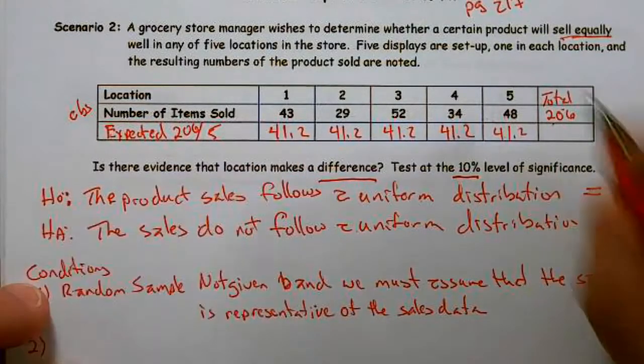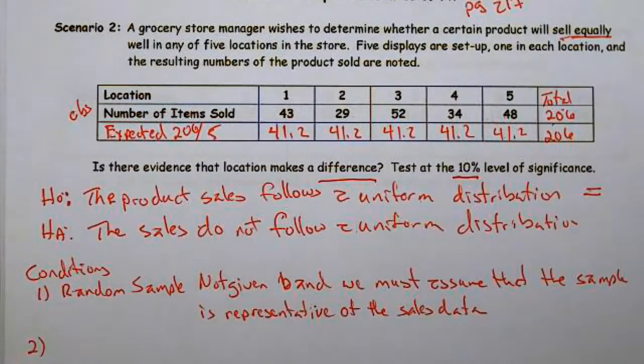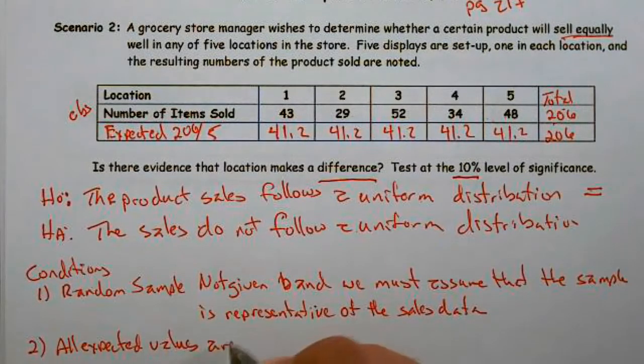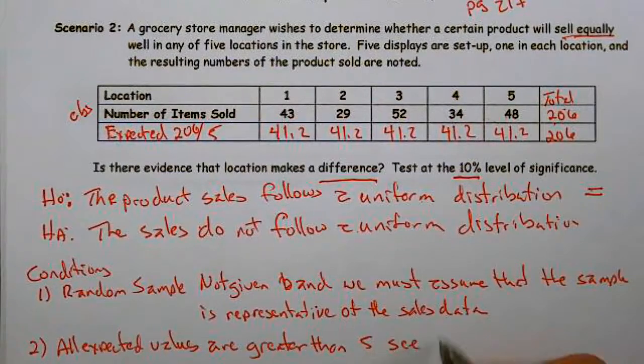All right, so this sums to 206. All expected values are greater than 5, see the table.